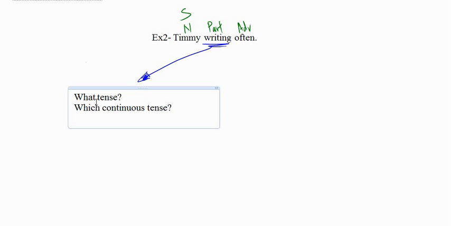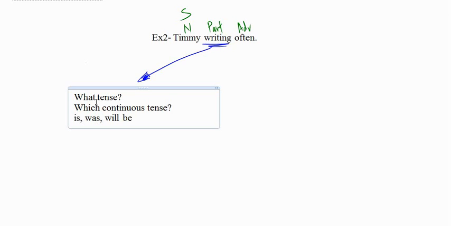And if they don't, you can ask them, well, do you need to use a linking verb to indicate this when you're doing the continuous form? And that linking verb indicates which tense they're doing. Are they saying Timmy is? Or are they saying Timmy was writing? Or are they saying Timmy will be writing?